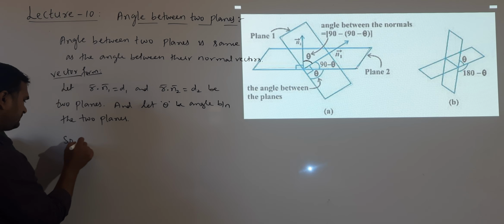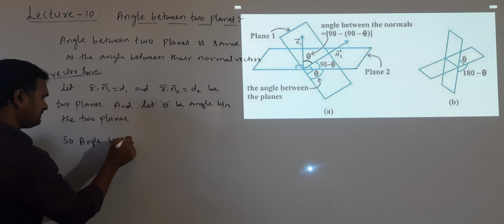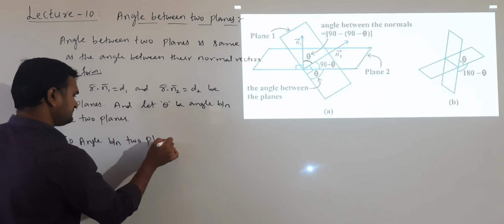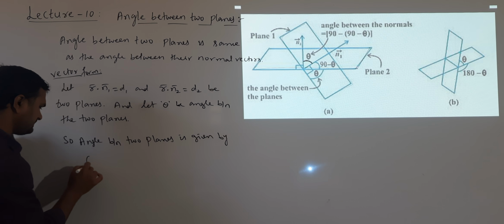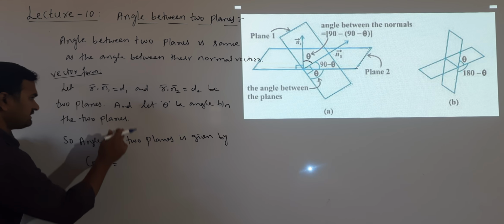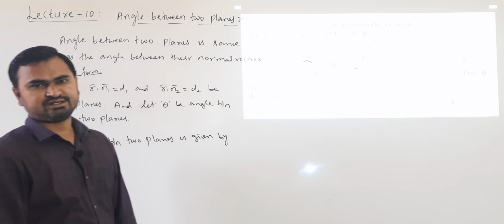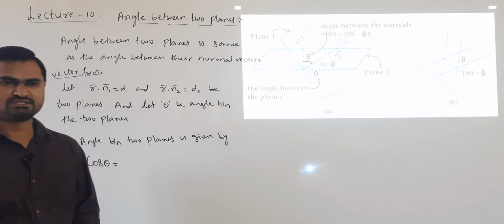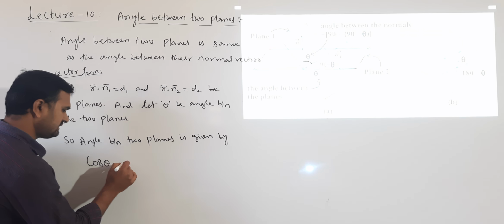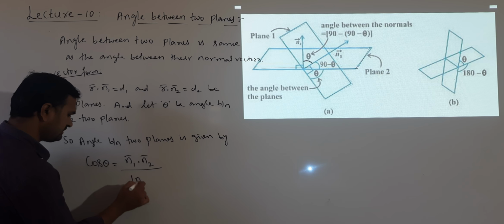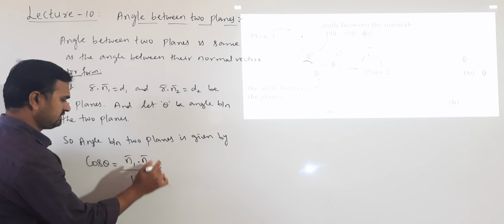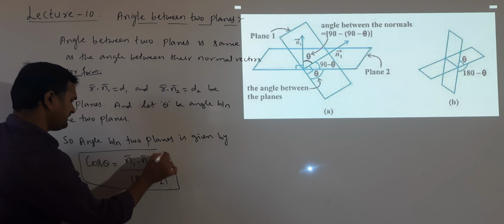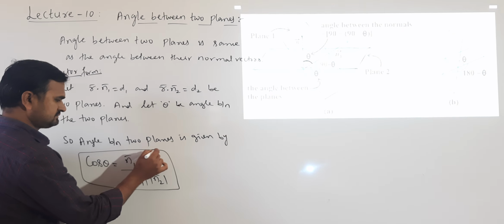So the angle between two planes is given by cos theta, because the angle between two vectors we can find using cos theta, that is the dot product. So cos theta equals n1 bar dot n2 bar divided by magnitude of n1 times magnitude of n2. Using this formula we can find the angle between two planes.